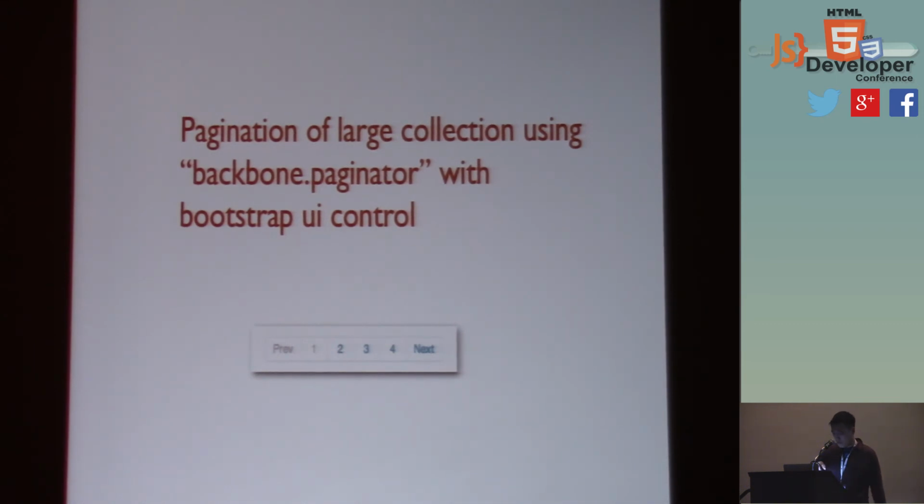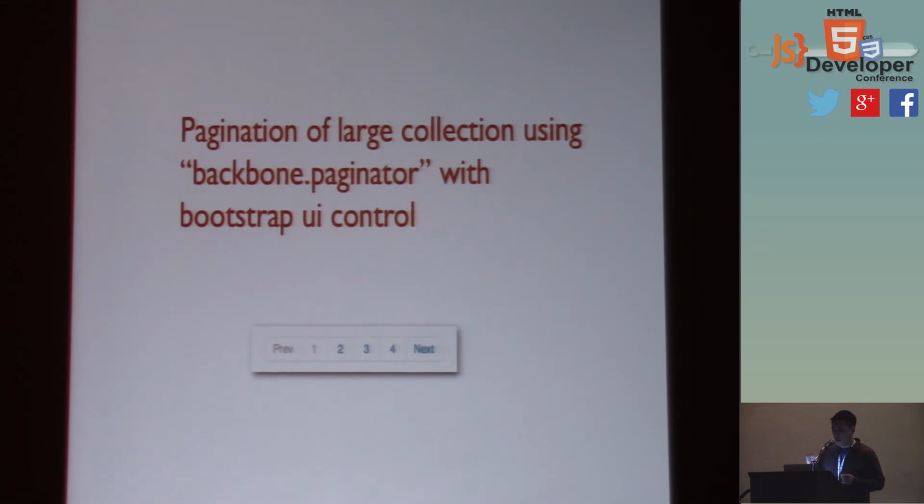For pagination, this is actually very hard. Backbone collection doesn't come with any paging capability, which means if you have 1,000 records, they don't let you retrieve 100 at a time so you can page the collection into 10 pages. But fortunately, there are a lot of libraries out there doing this.